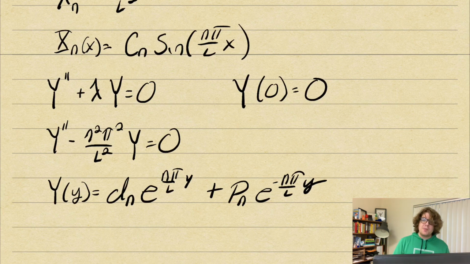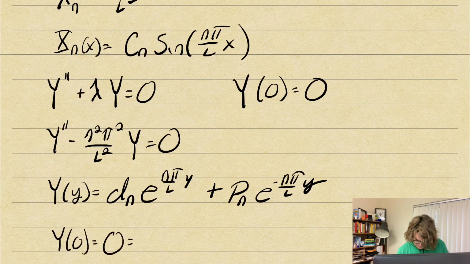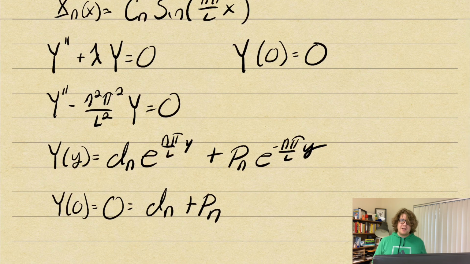Now if we apply our boundary condition, Y of 0 equals 0. What do we get if we plug in 0? We just get d sub n plus p sub n. So that means p sub n is negative d sub n.